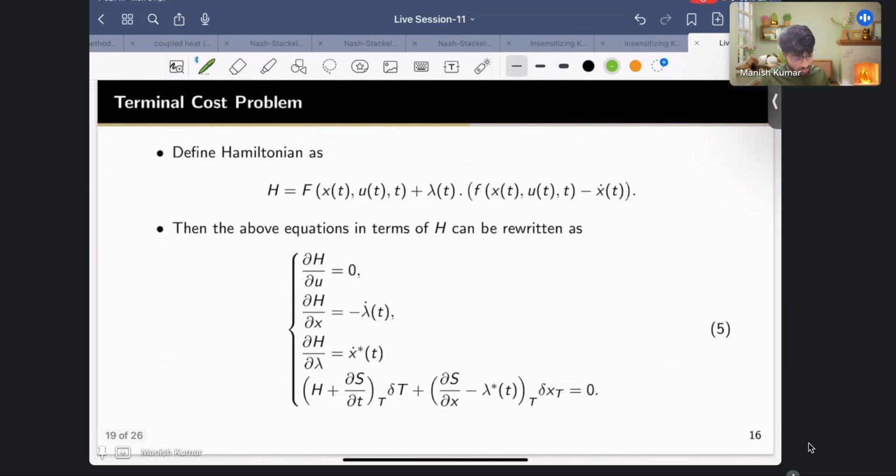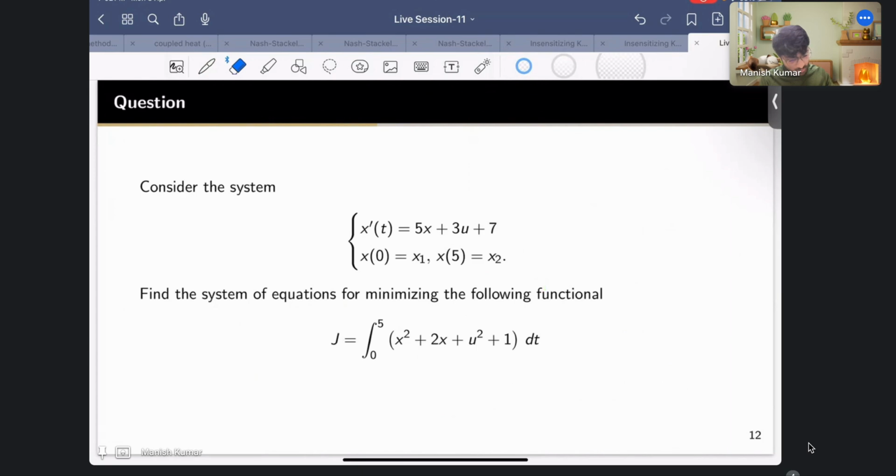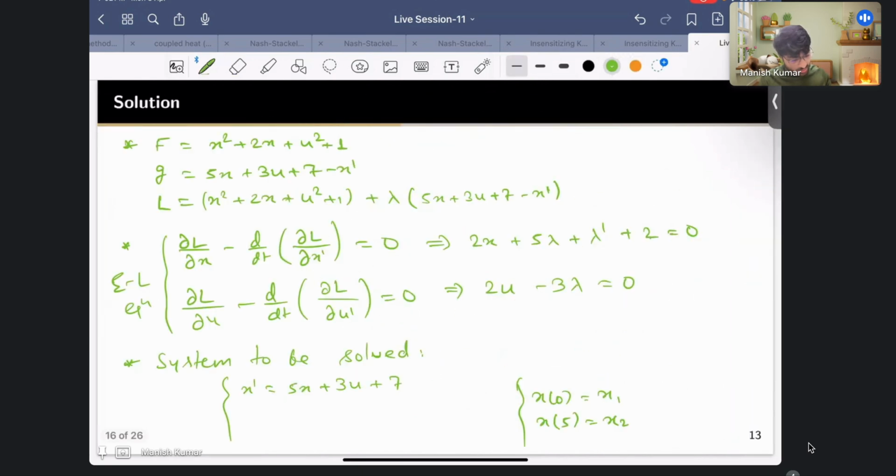Okay, so now let's return back to the problem. So you got this kind of system. Now from here you can again get lambda, which is 2 by 3u. Sorry, I mean u is equal to 3 by 2 lambda. So you can substitute it here.